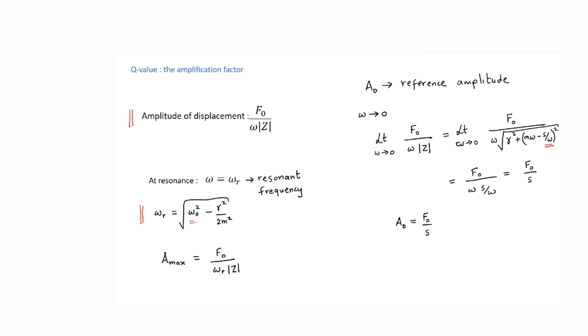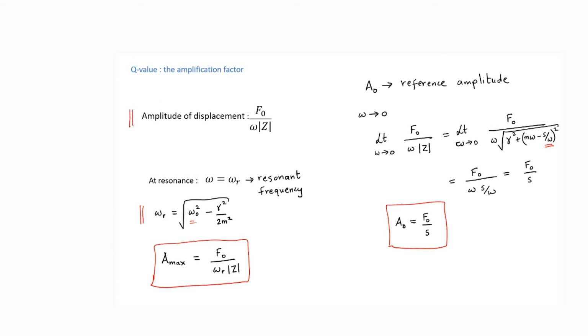So, now I have two things, one is this quantity A max and the other is the reference amplitude, which is f 0 by s. What I am going to do is to take the ratio of A max to A 0.